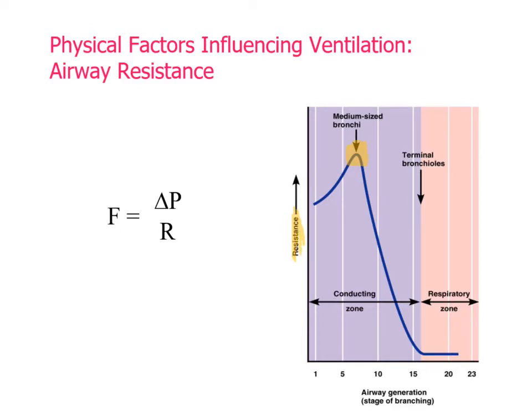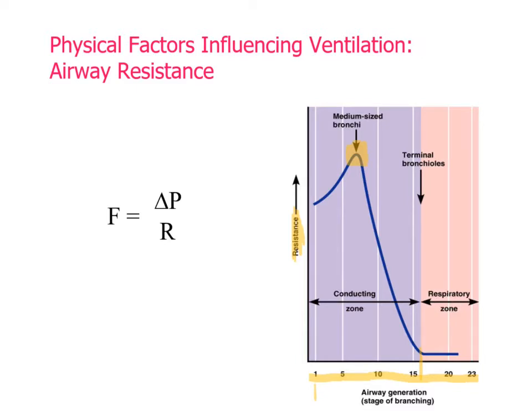We're looking at resistance versus the airway generation of branching. Remember, there are 23 branchings of each of the airways. The first branching would be the two primary bronchi, and those again branch and split 23 times. At this stage, around this generation of bronchioles, remember a bronchiole is anything with a diameter of less than 1 millimeter.